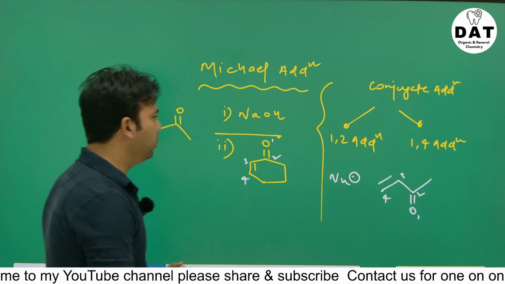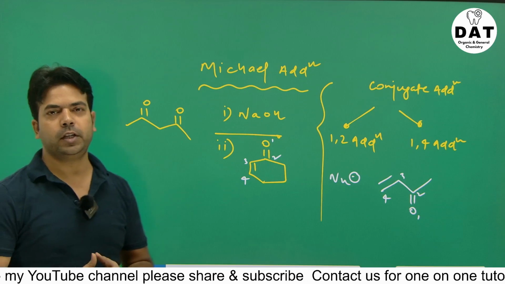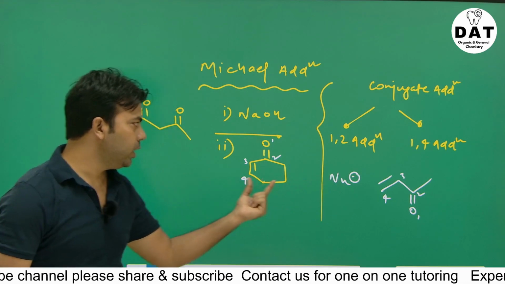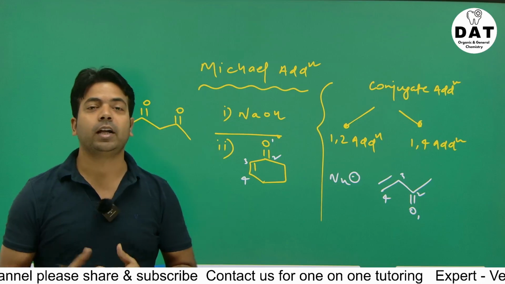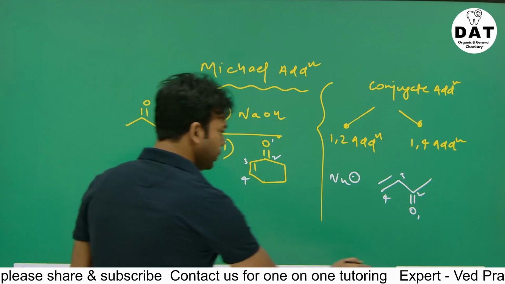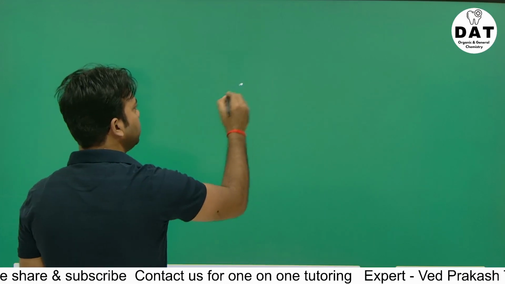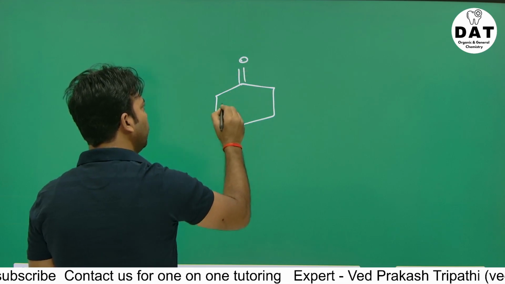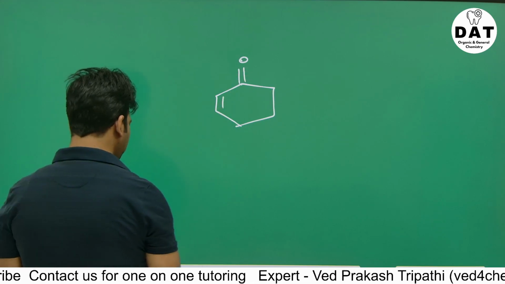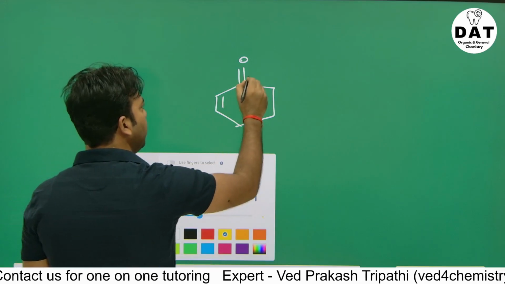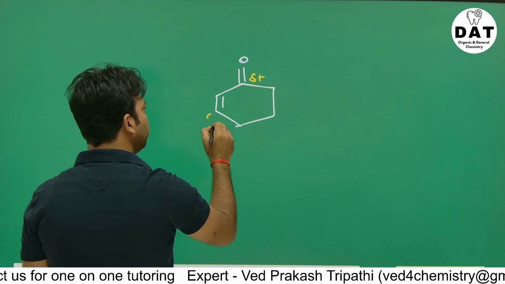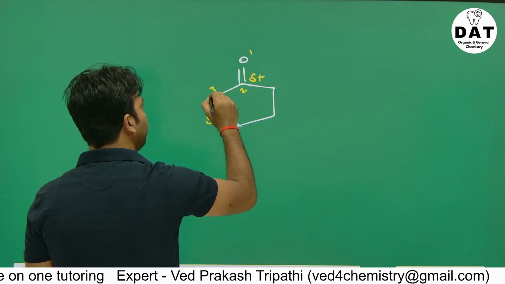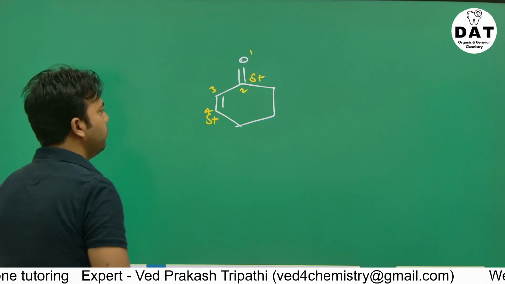We all know nucleophile loves an electrophilic center. So we have to figure out in the conjugated enone what is my electrophilic carbon. Suppose this is the conjugated enone, and we all know this is the electrophilic carbon here, and this one is my electrophilic carbon. You can mark numbering 1, 2, 3 and 4. Make sense?